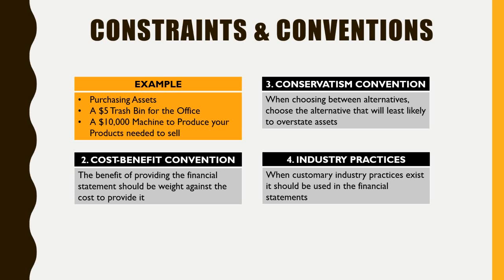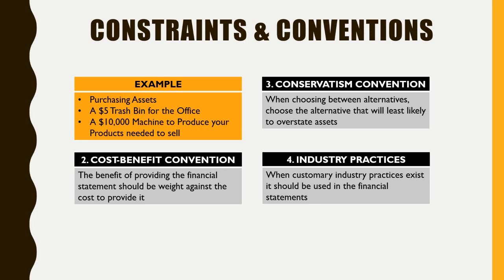So for example, when you're purchasing an asset, let's say you want to buy a $5 trash can, okay? Now, for this example, are you going to record it as an asset, or are you going to record it as an expense? Now, what is $5 going to do for your assets?